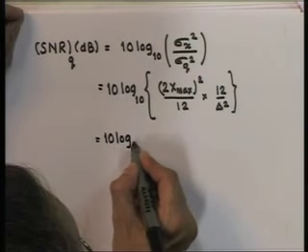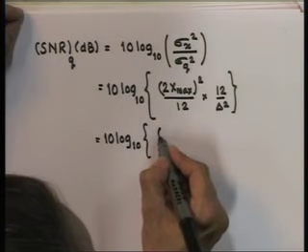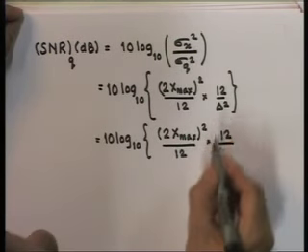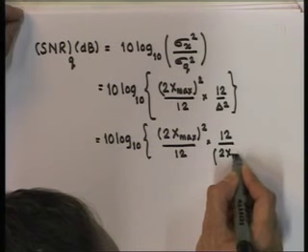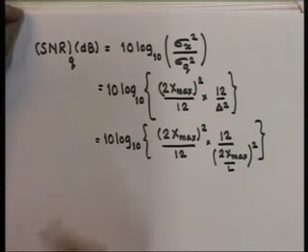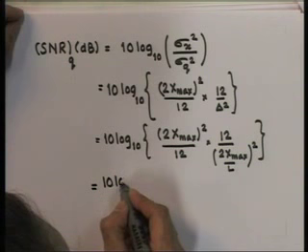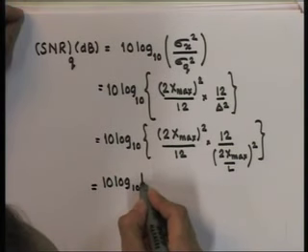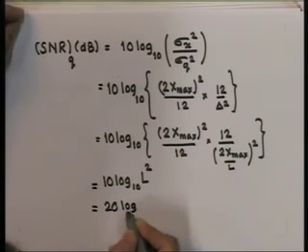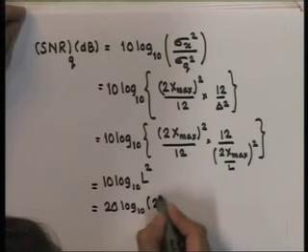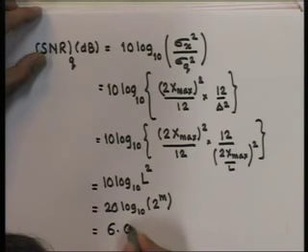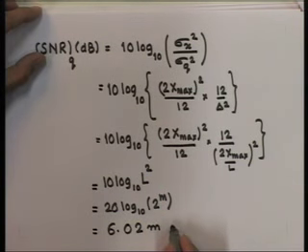This can be rewritten as, delta is equal to twice x max upon L. So, this can be simplified as, and further simplified, which is equal to 6.02 m dB.